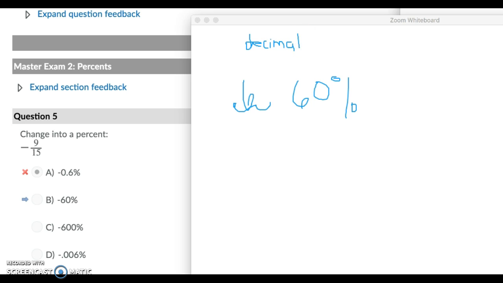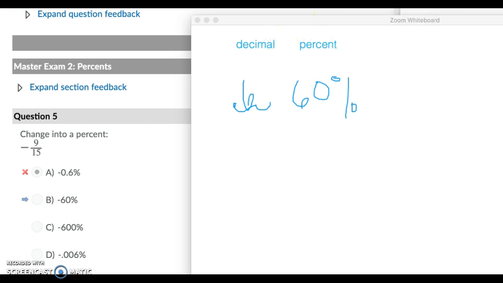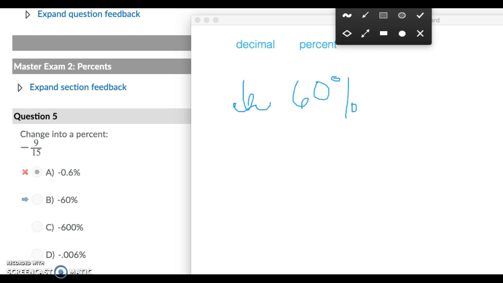When I'm going from, here, I'll do it this way. When I'm going from a decimal to a percent, so when I'm going from here to here, yeah, this is not working.